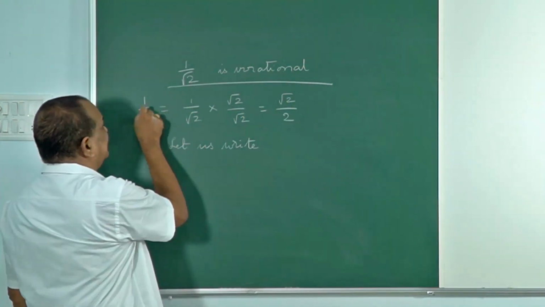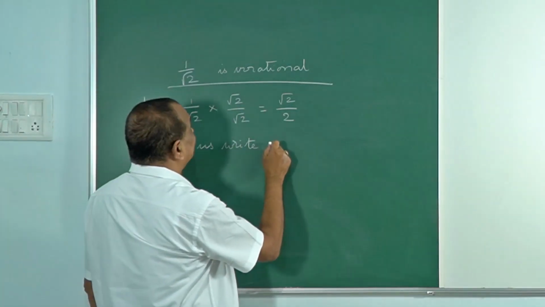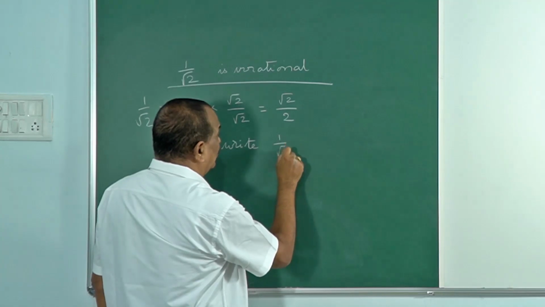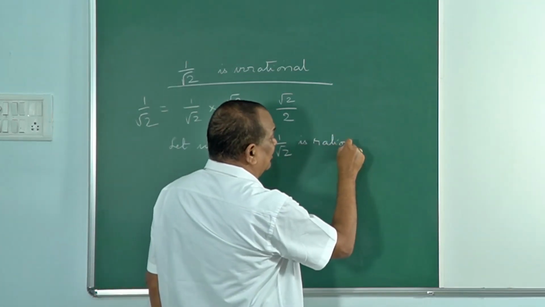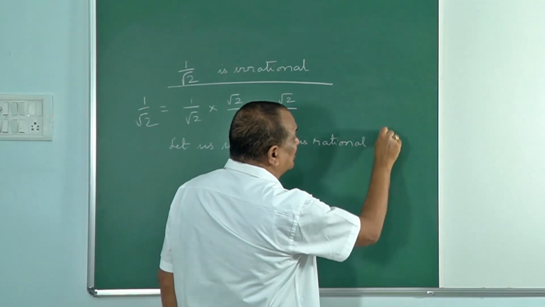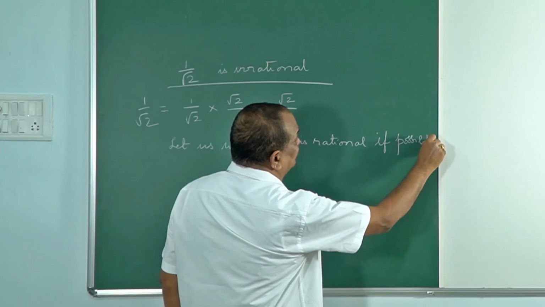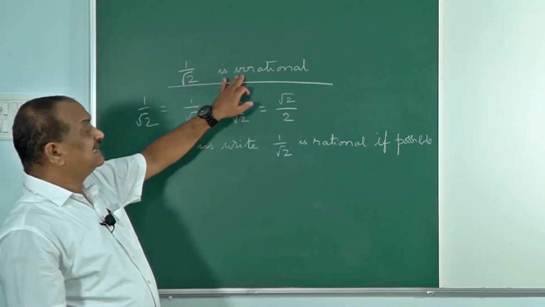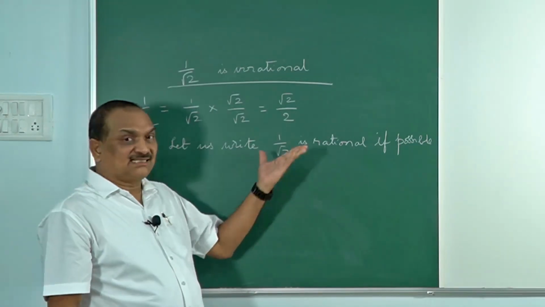Let us write 1 over root 2 is rational. If possible, let us think like this. He is telling irrational, but we don't agree with that. Let us say it's rational. What would happen? Let us consider.